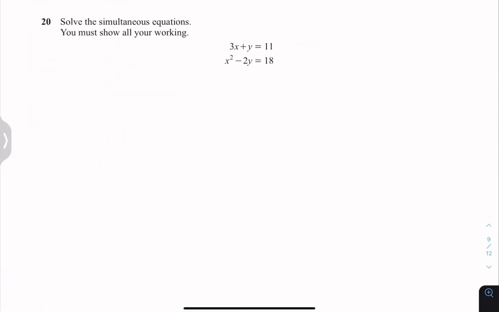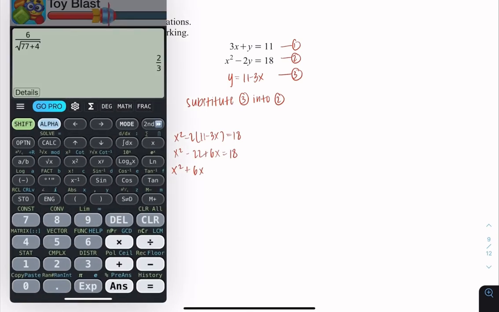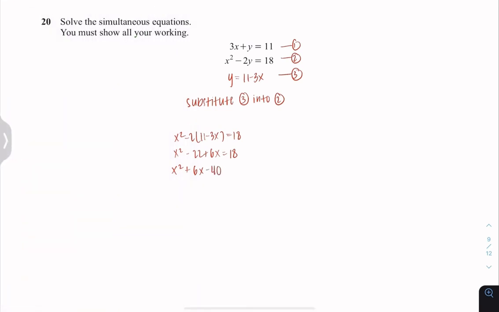Next question is a simultaneous equation. I'm going to make y the subject, and then substitute equation 3 into equation 2. Now I'm simplifying it, and it's going to give me a quadratic equation.